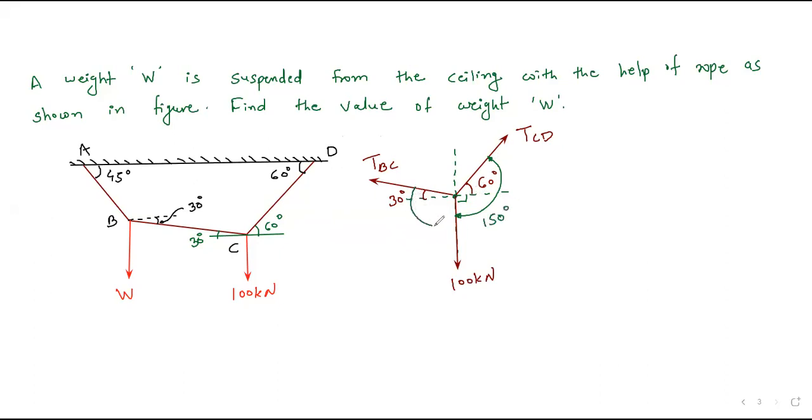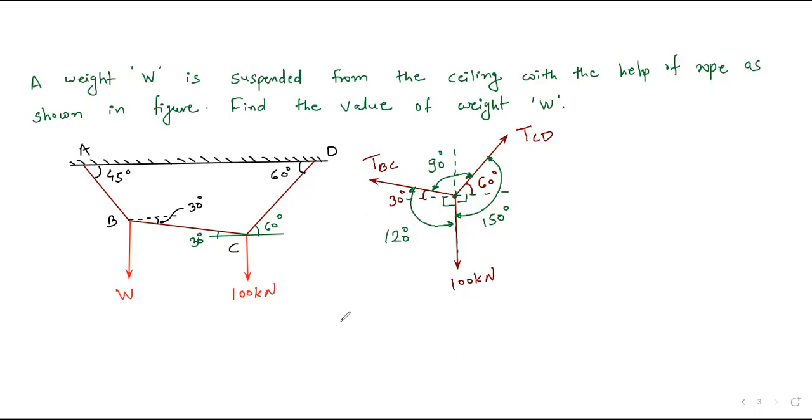Then this total angle, if this angle is 90 and this is 30, then the total angle is 120 degree. And the remaining angle, how much is it? It is 150 and 120, so 270. So 360 minus 270, this angle is 90 degree.